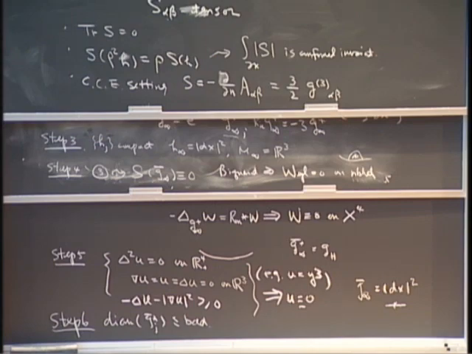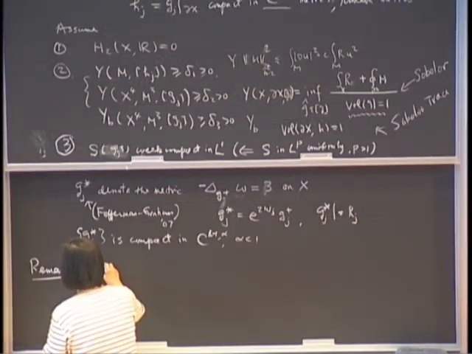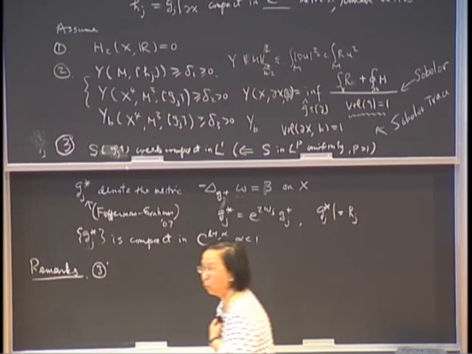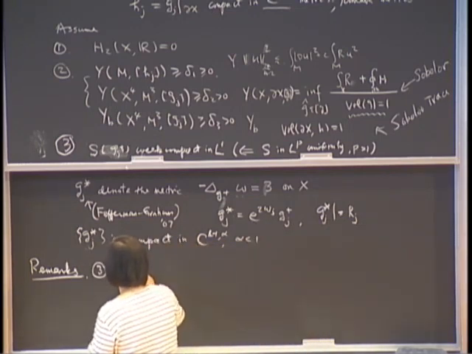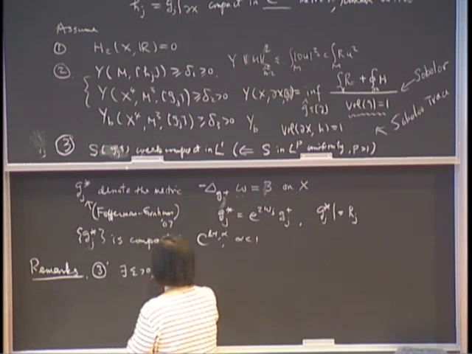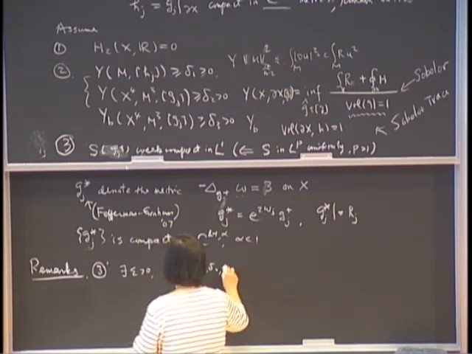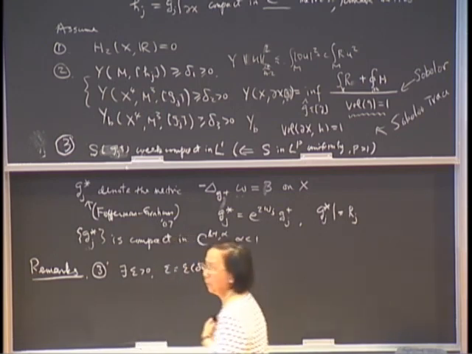But this scheme shows that if we replace 3 by 3 prime, then there exists a positive number epsilon. This epsilon, depending on delta 1, delta 2, delta 3, can be computed.